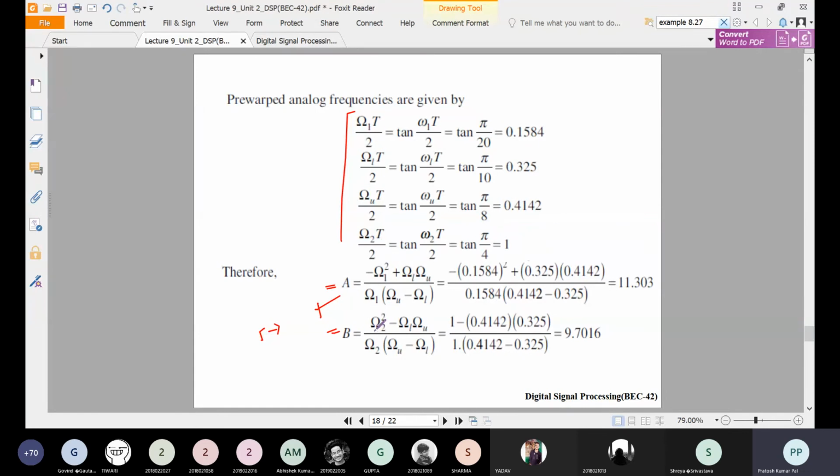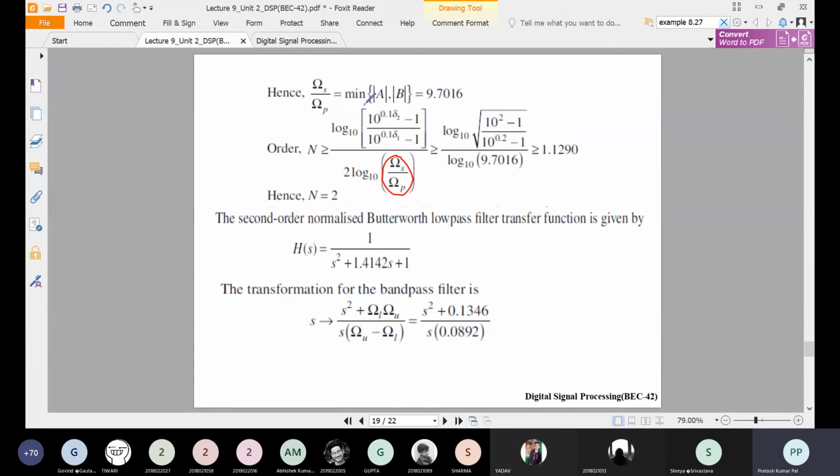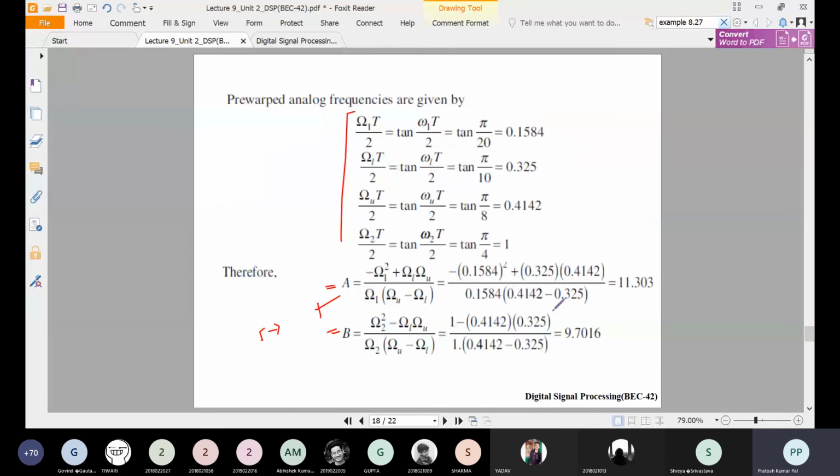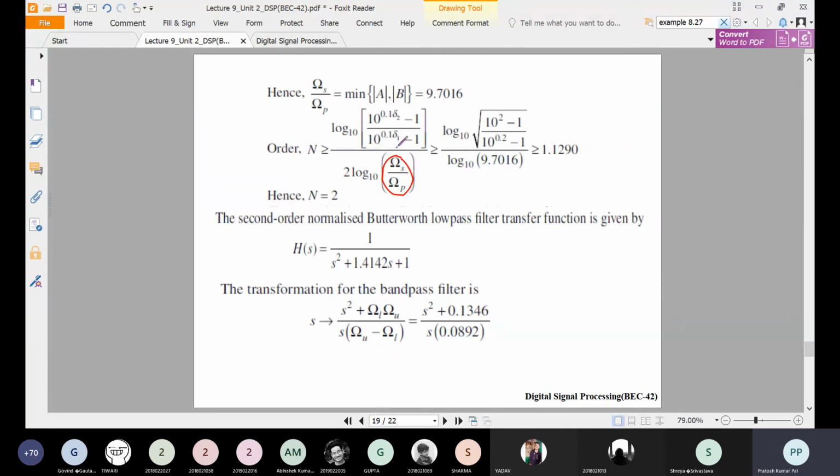Once we have found these, the omega S divided by omega P ratio will be given by the minimum of these two values. If the minimum frequency satisfies the criteria, then the higher frequency will always satisfy it. Suppose n is given and we need to find n with this ratio.